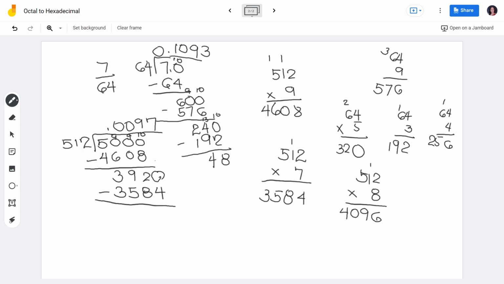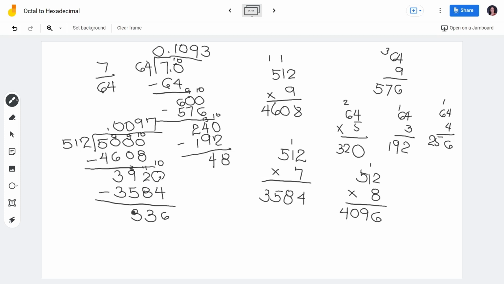10 minus 4 is 6. Then 11 minus 2 is 9. And then 8 minus 5 is 3.